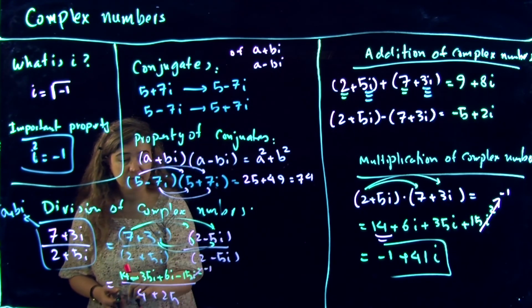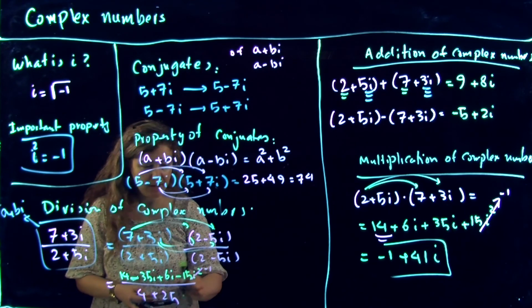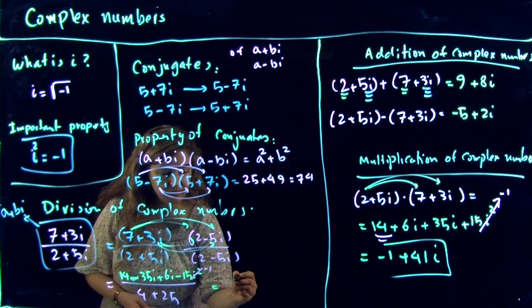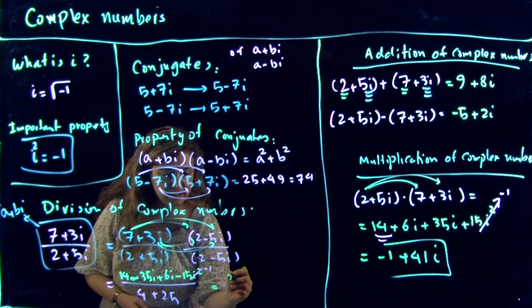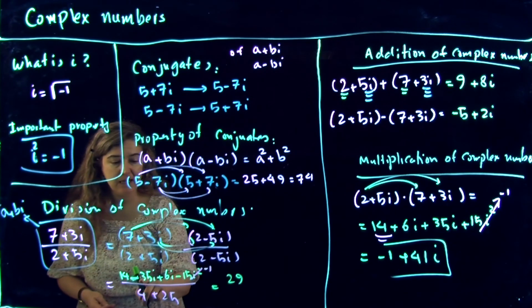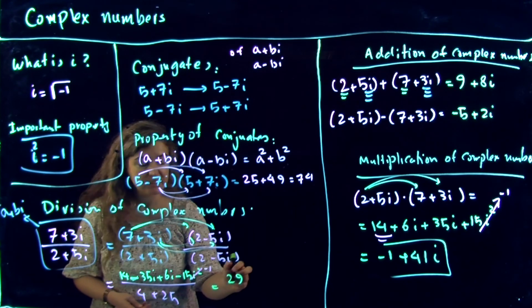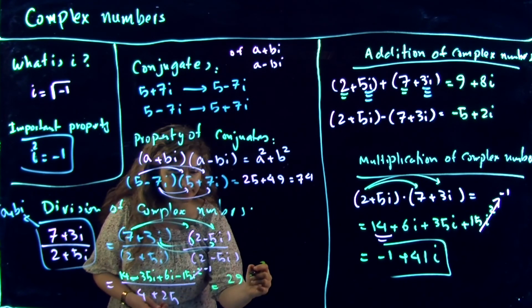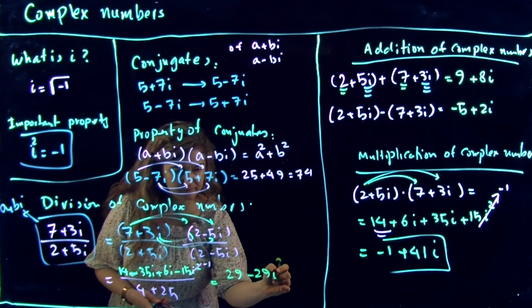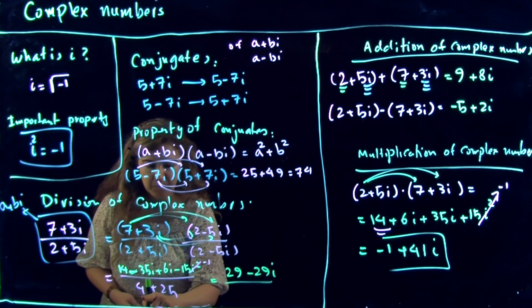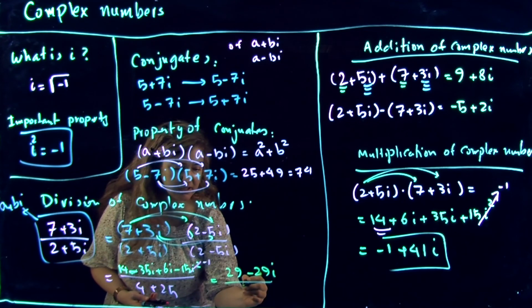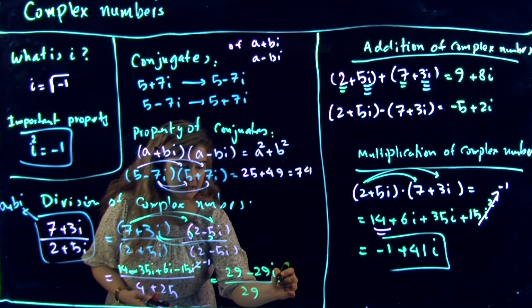So it would be 15 plus 14 on top. 15 plus 14 is 29. Negative 35i plus 6i would be negative 29i. All divided by 4 plus 25, which is 29.